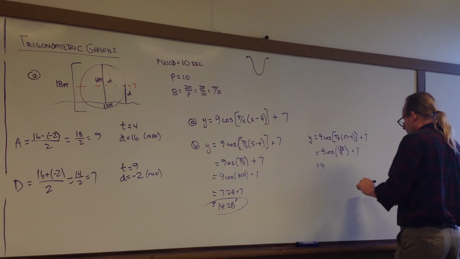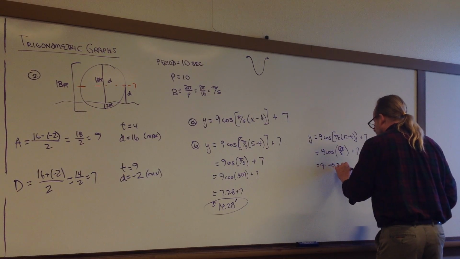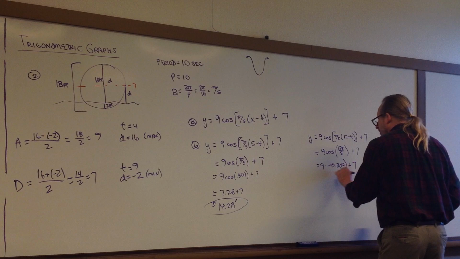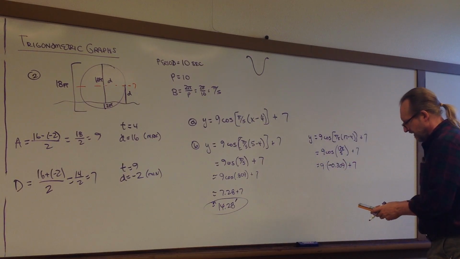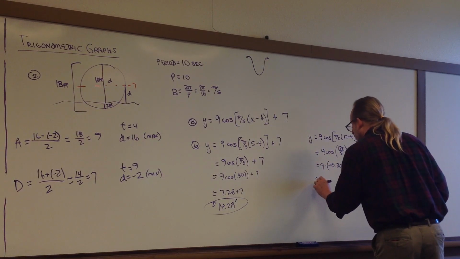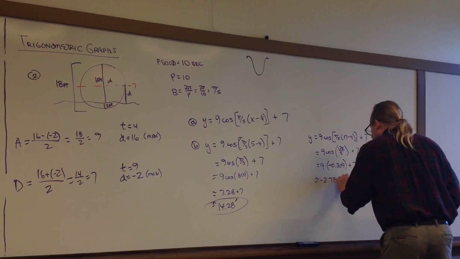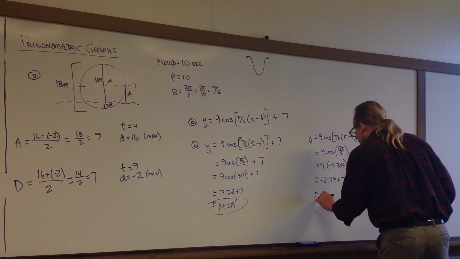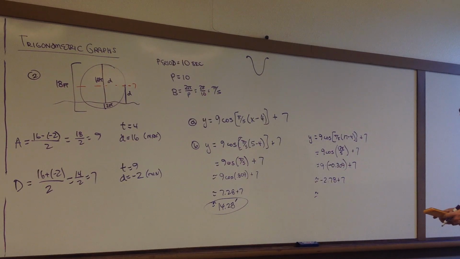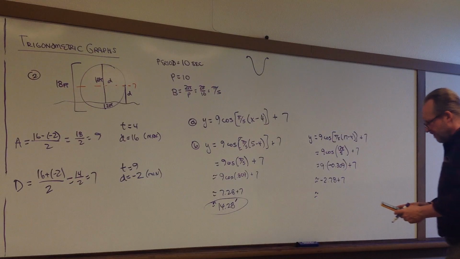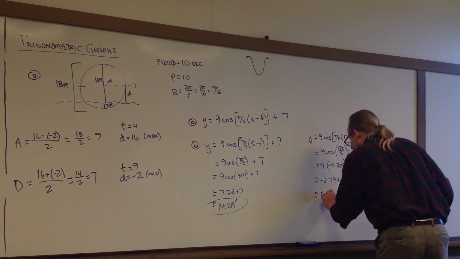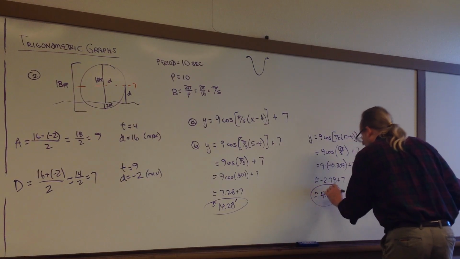And what do we get there? Negative 0.309. So we'll multiply that by 9. Negative 2.78 plus 7. And so this is going to be about 4.22 feet above the water line.